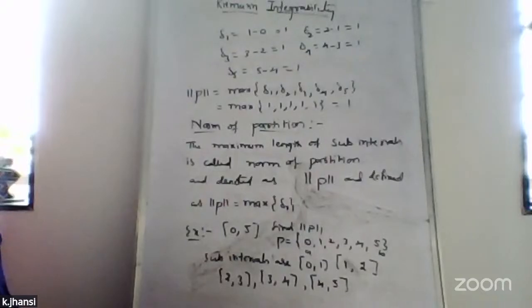Okay. So next we have: if f is bounded in a closed interval a comma b, then the function is bounded in every subinterval of a comma b. Here the same small m and capital M are represented as the infimum and supremum.